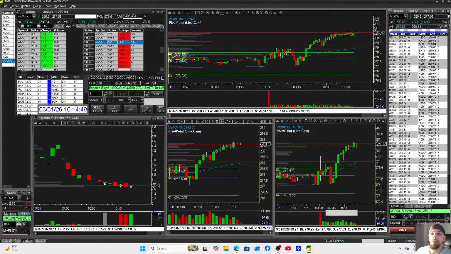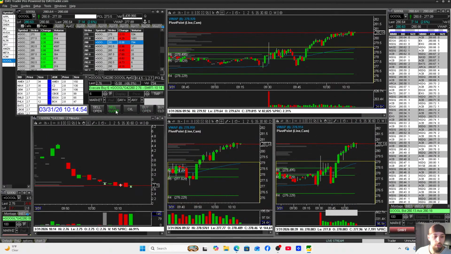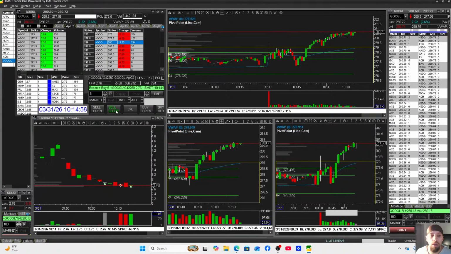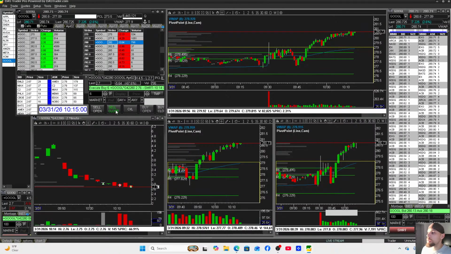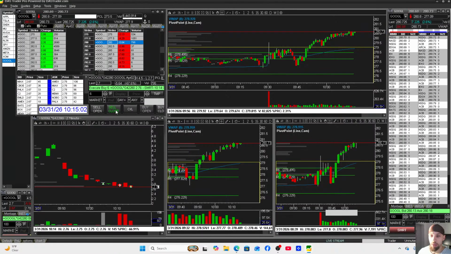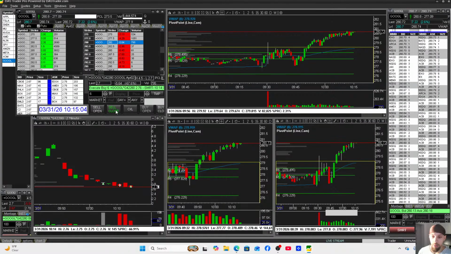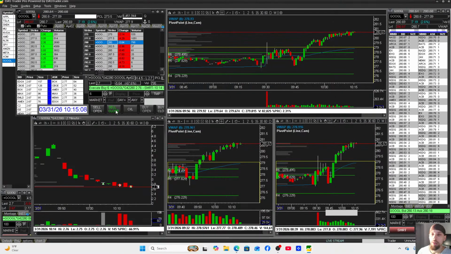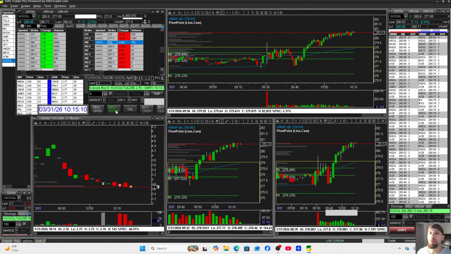The volume's diminished a lot now. So a little bit bigger share size toward the top of this range. Volume's drying up here. Give it to 281 before I close my position.